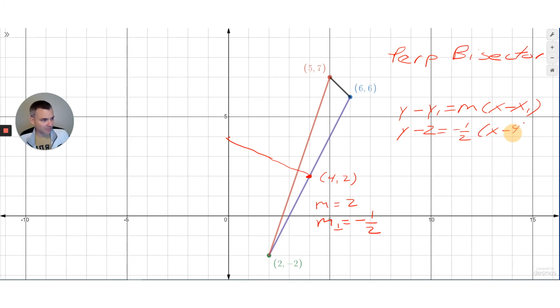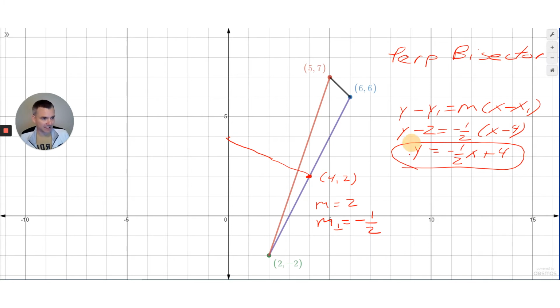If you do that out, isolate your y, and distribute the -1/2, -1/2 times -4 would be a positive 2, and you add 2 to both sides. You get the equation y equals -1/2 x plus 4, which makes sense: slope of -1/2, and it goes through the coordinate (0, 4). All right, so that's one of our perpendicular bisectors.